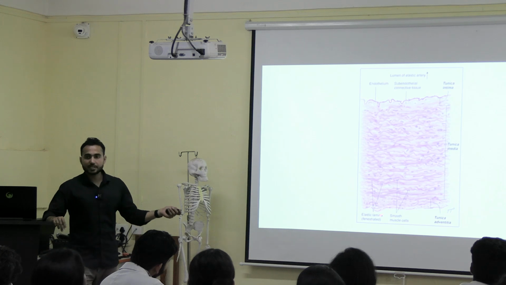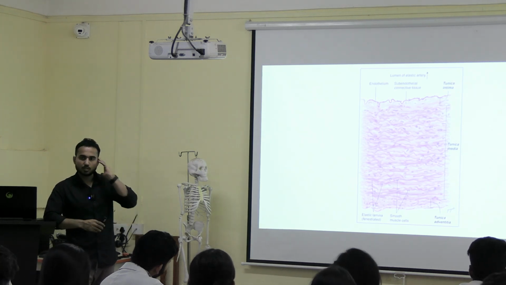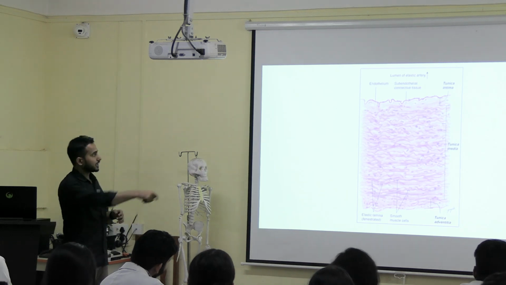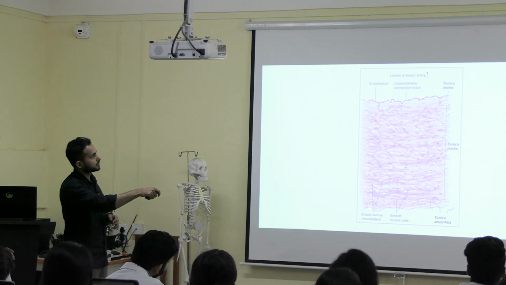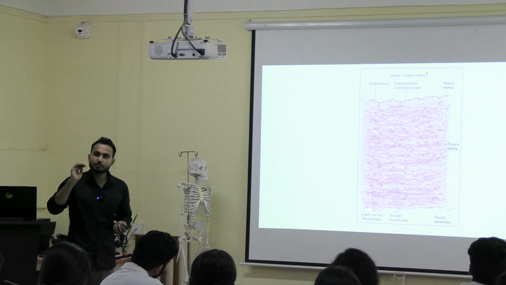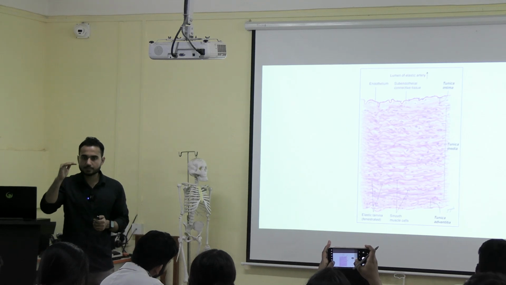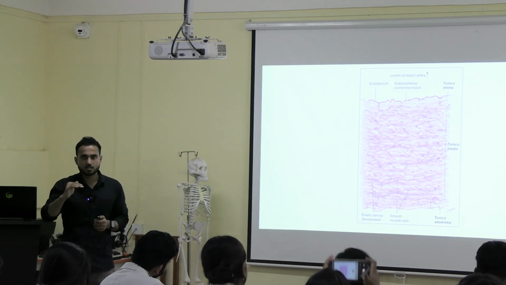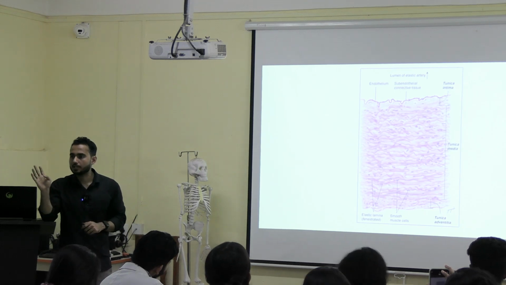Now this is the schematic diagram, the drawable diagram, which you have to draw in the practical notebook. Okay. Now here you can see the endothelium. Look, this is the endothelium. Now below the endothelium, subendothelial connective tissue is present. The area where the subendothelial connective tissue ends, in that particular part, you will see the internal elastic lamina.